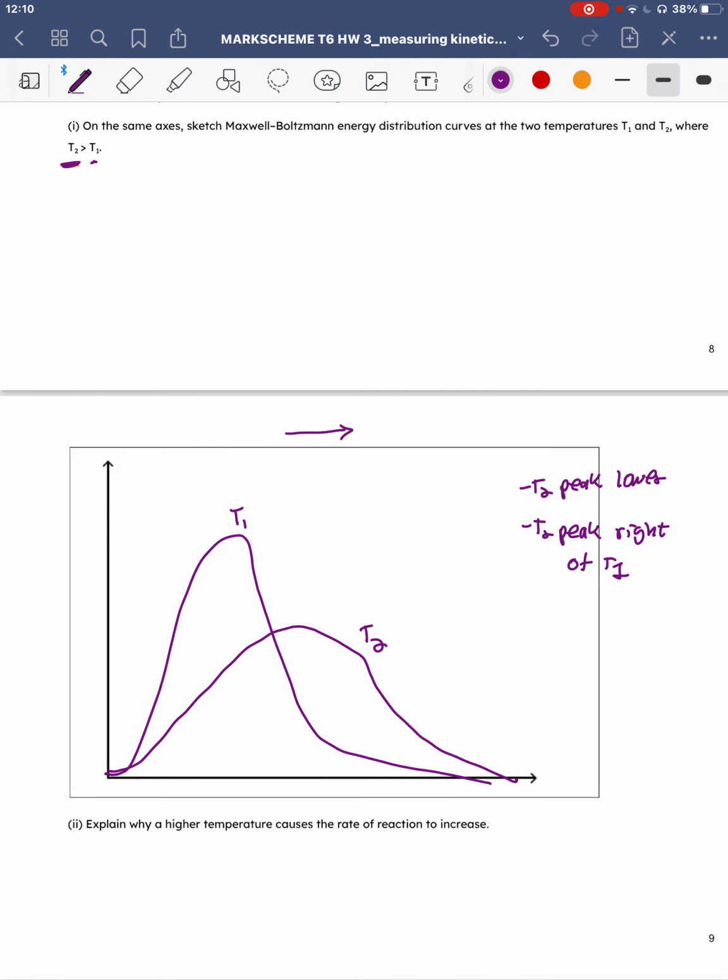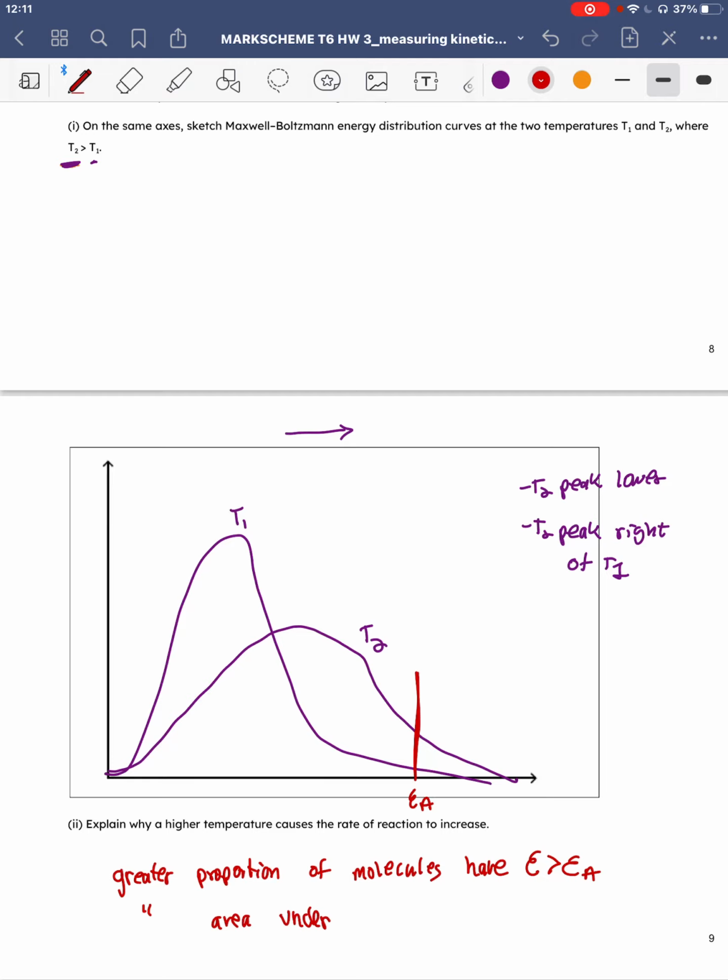All right, explain how a higher temperature causes the rate of reaction to increase. Well, we can do that right with our Maxwell-Boltzmann. And remembering what we talked about with EA, you could say a greater proportion of molecules have energy above the energy of activation. You could say greater area under the curve.